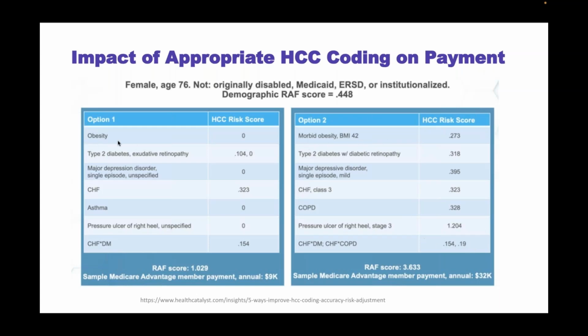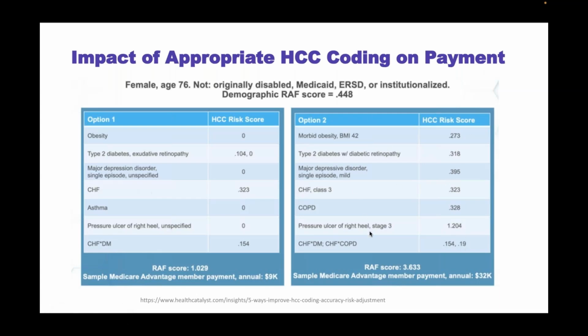For example, if we just use obesity, its effect is 0. But if we use morbid obesity, this is another information, and the BMI index, so its effect is greater than this, right? You can see all the HCC scores are increased here, except this one.